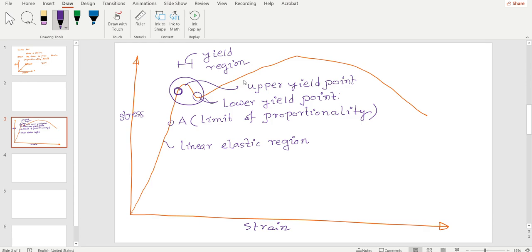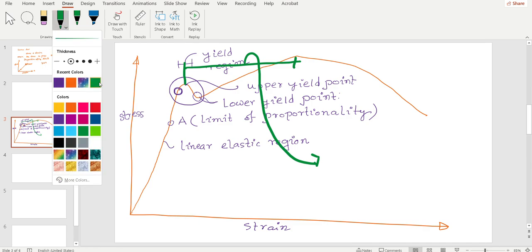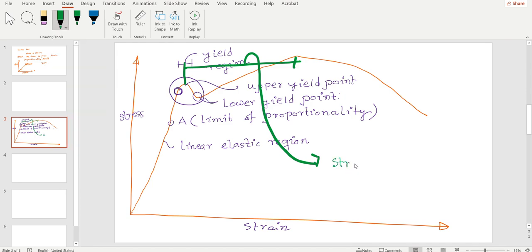And from this region to this region is called the strain hardening region.